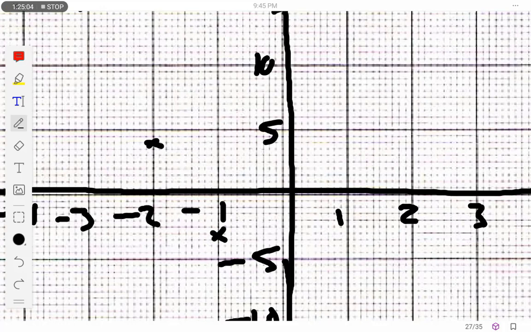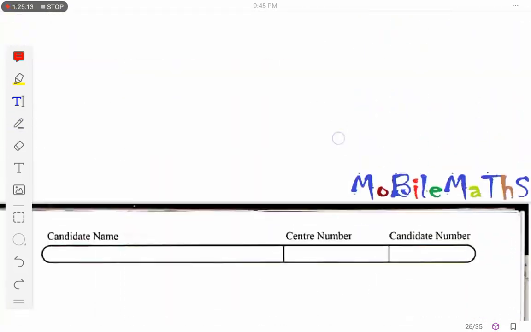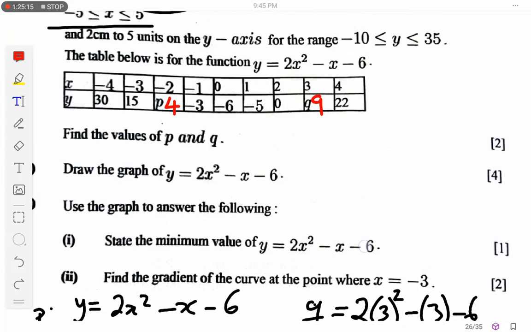Then the last one is 0 and -6, so it's just one box up here, so it's here. Then let's see the other ones. We have 1 and -5, 2 and 0, 3 and 9, 4 and 22.